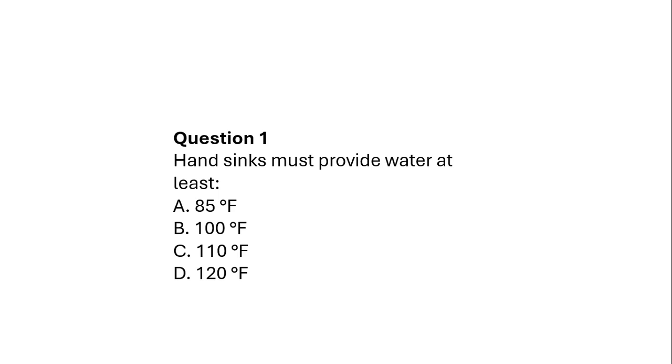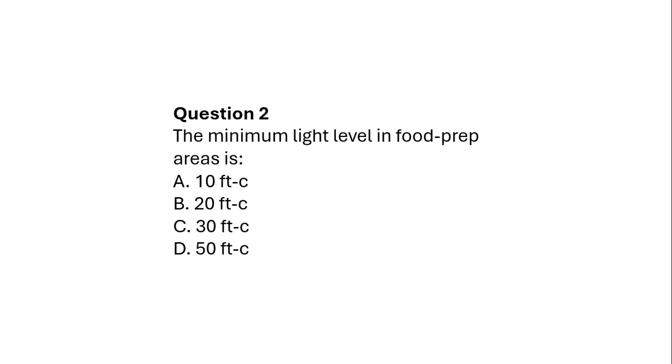Okay, let's have a few questions here. Hand sinks must provide water at what temperature? A, 85 degrees Fahrenheit or above. The minimum light level in food prep areas is how many foot candles? 50.